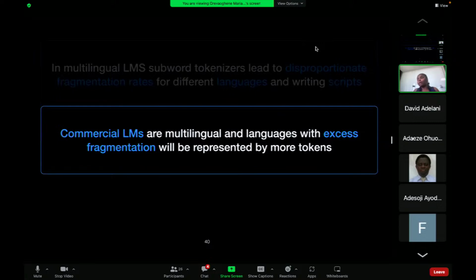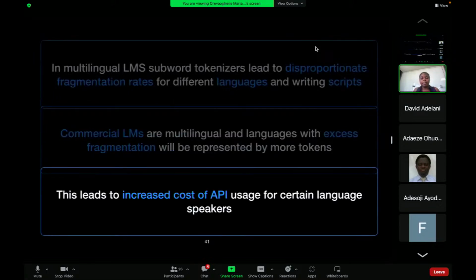That means slower inference, and sometimes the model cannot learn good representations for them. And because these language models are usually paid, like GPT-4, which is paid and probably has better performance, while ChatGPT is free, if you have more tokens in your input and the model has to generate more tokens in your output, you will be paying more than somebody who speaks a language with a lower fragmentation rate.